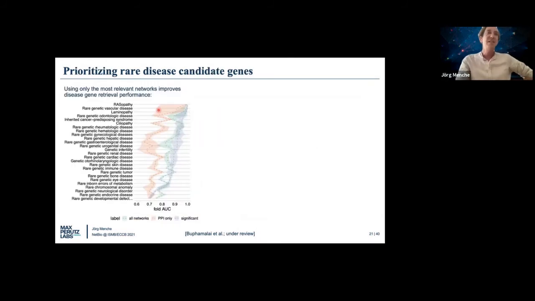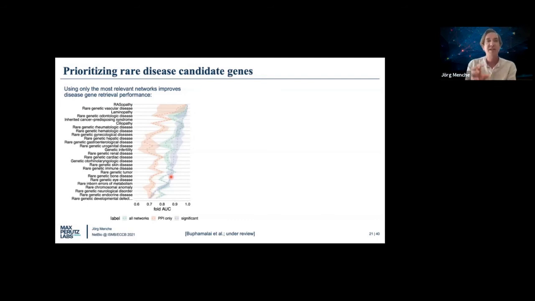And the comparison of this can be found here, where these three differently shaded curves correspond to using only the most significant layers, using the most relevant layers, or simply using all layers. And we find that incorporating this relevance criterion according to network modularity improves the performance, which to us is a proof of concept that this kind of approach has merit in general.